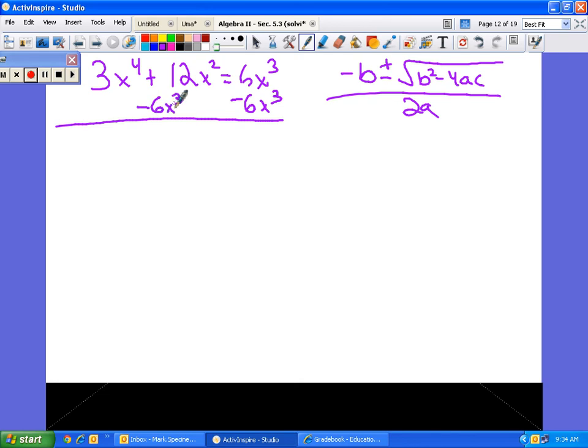Notice where I'm putting the 6x to the third power on the left side of the equation. My equation has to be in what form? Standard form. So I know that my 3 is going to go in between the 4 and the 2. So I'm just going to go ahead and put it there. So when I rewrite it, I can see clearly where to put the 6. Okay, good. That's step number 1.